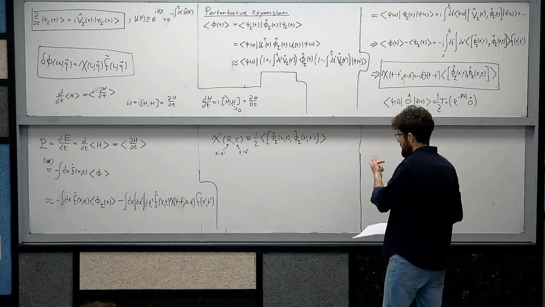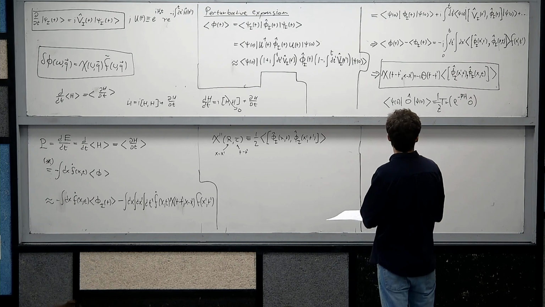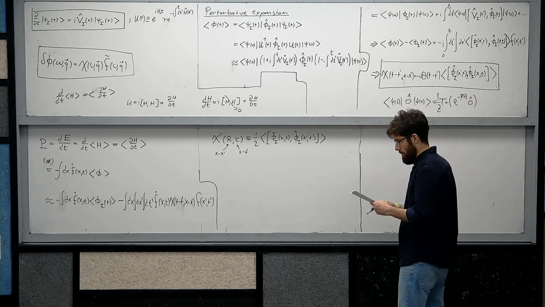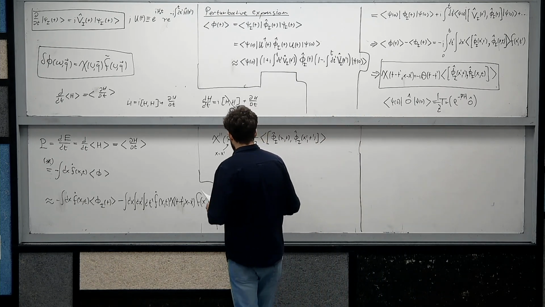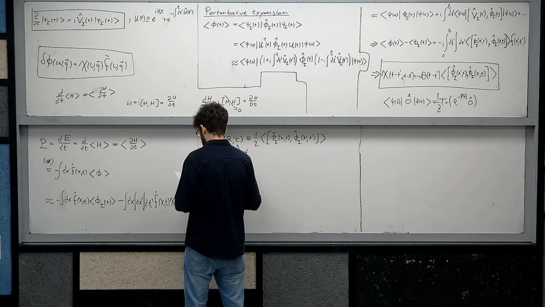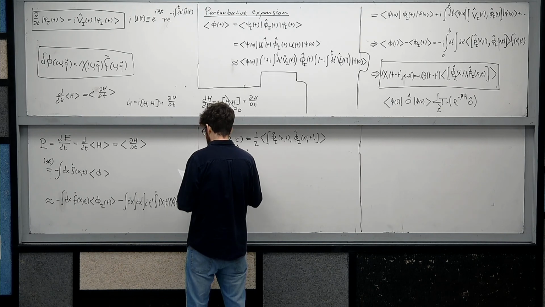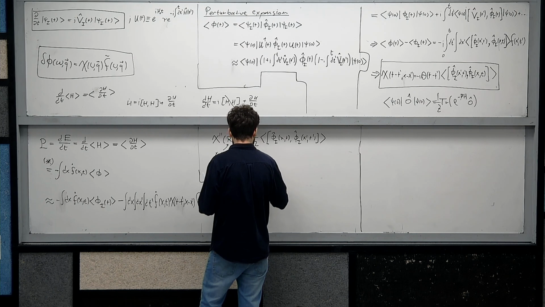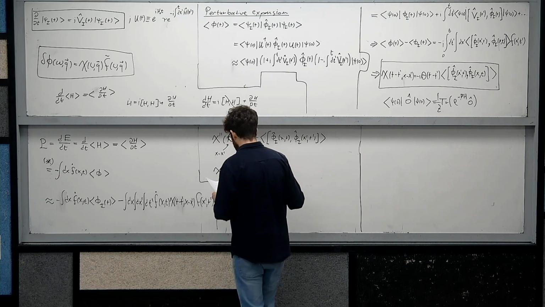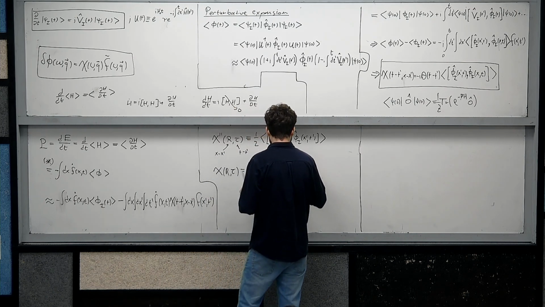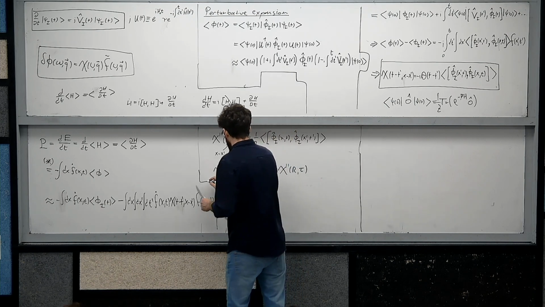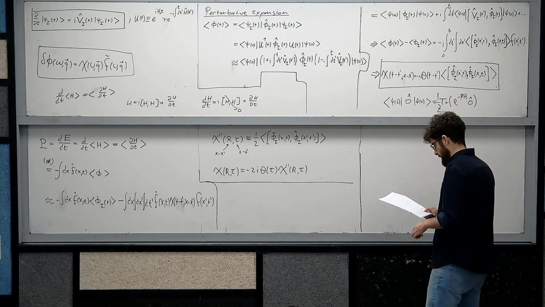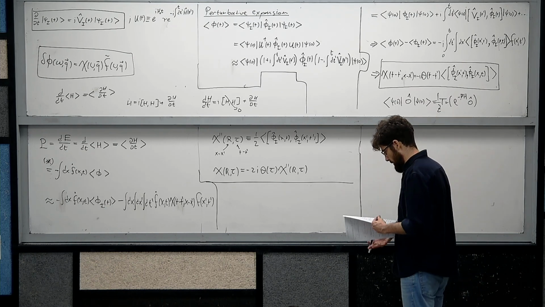So this is just without the theta function. That implies that chi of r, tau is equal to minus 2i theta of tau chi double prime of r and tau. That's something we're going to use later.